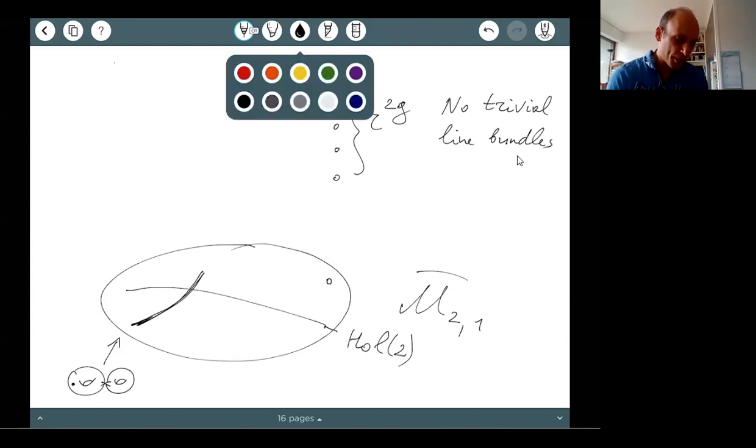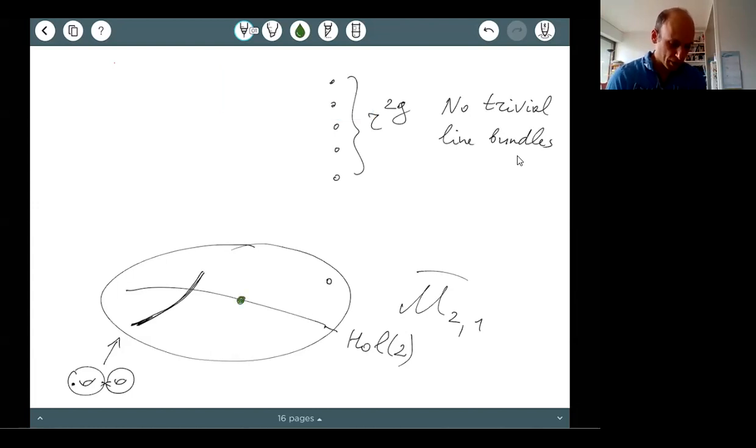If I take a point in the holomorphic locus, let's draw it in green because this is the favorable situation I'm looking for. This point will also have R to the power 2G preimages, of which one will be trivial. And then all the others will be R-torsion line bundles, non-trivial. So this is O, and these are R-torsion.